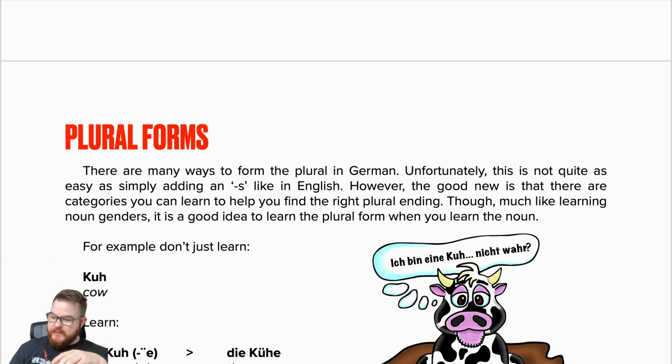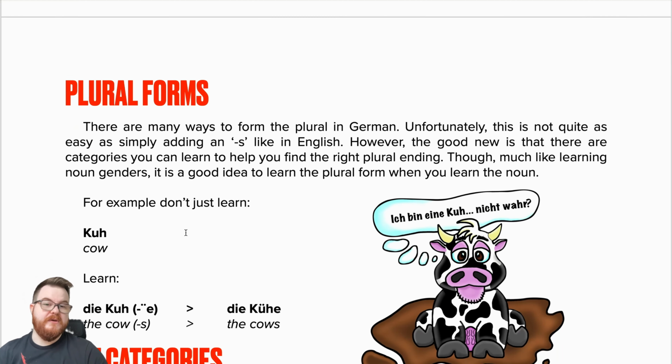Well, first of all, we should look at English. In English, we usually put an S on the end of our nouns to show that there's more than one of them. So if we use this lovely cow as an example, in English, the word cow refers to one cow. But if there's more than one, we would put an S on the end, right? Cows.